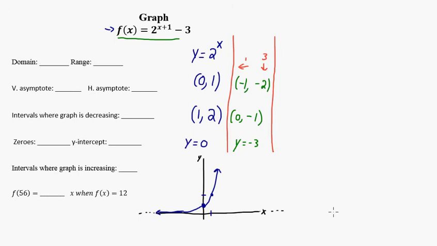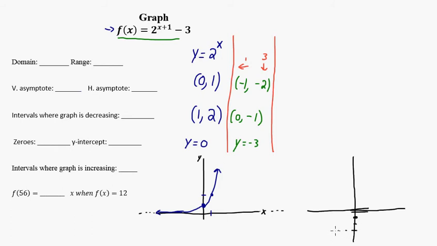I'll try to keep it on the same scale, which might be difficult, but maybe we can pull it off. So here's my x-axis, and here's my y-axis. And I'll try to use the same scale. If this was +1, then this would be -1 down here, -2, and -3 is my horizontal asymptote.